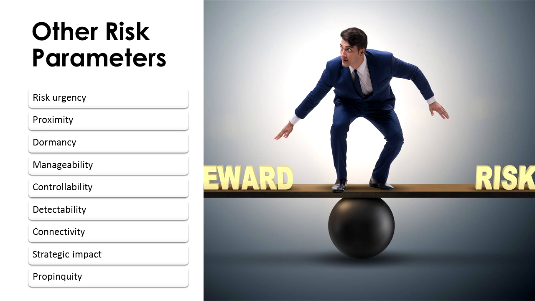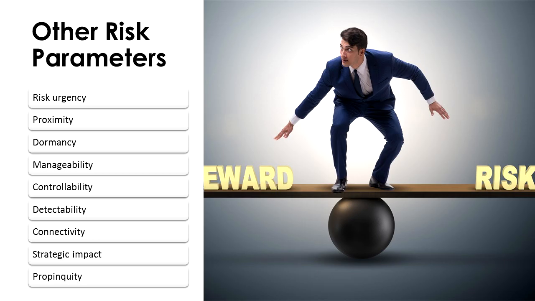We also have proximity, the period of time before the risk may have an impact on one or more of the project objectives. So if a risk is left untreated and it hits a project objective in a few days, that has a high proximity. Or if it impacts the project next week, we could look at that as having a high proximity.